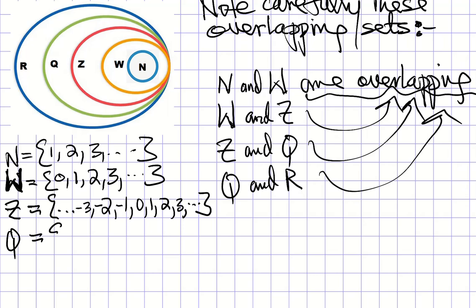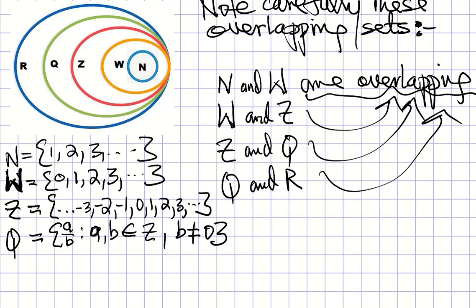It's the set of A divided by B, such that A and B are elements of Z, which is integers, and B can never be 0. You remember that?